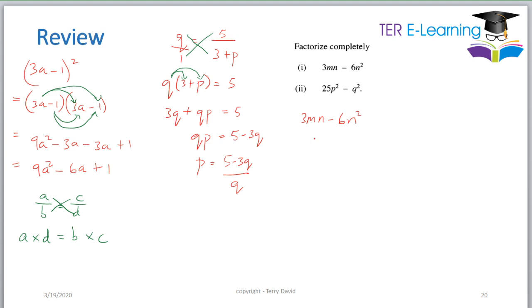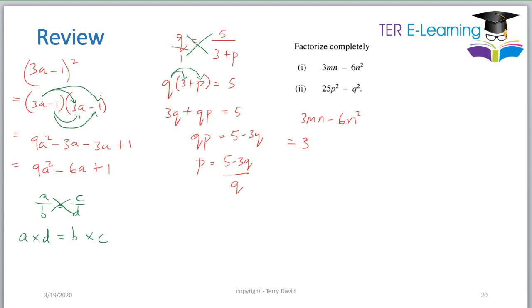So some students, they're going to look at this and they're going to say, oh, it's a difference of 2 squares. That is not true. Even though you have a minus sign here, the 3mn and the 6n squared are not square variables, right? So what we're going to do, we're going to see what is common to both of them. If we deal with the numbers first, the HCF of 3 and 6 is actually 3, right?